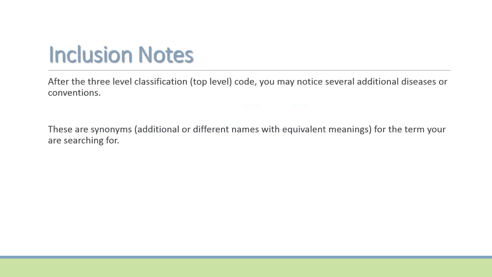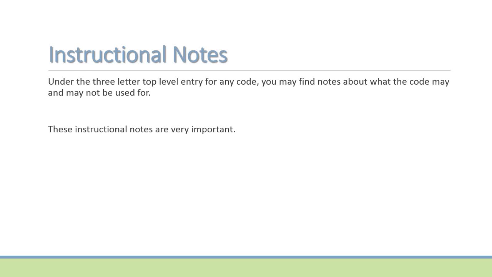Inclusion notes after the 3-level classification, so you're going to get to M54. That gets you to the right area. Then you're going to work your way down and see what additional placeholders, the additional characters you may need in order to get to the most specific. Follow the instructional notes. These are very, very important.